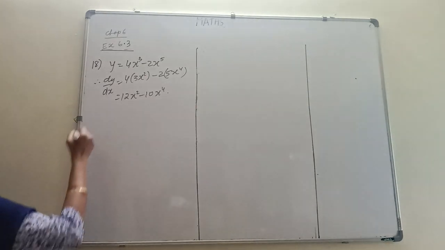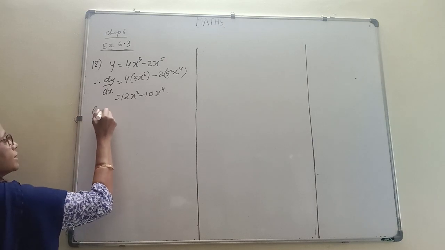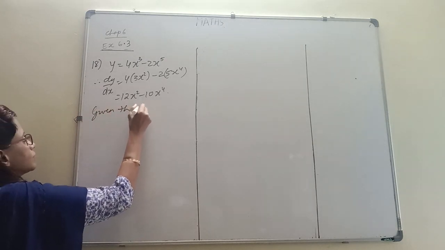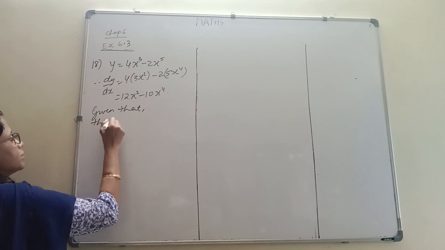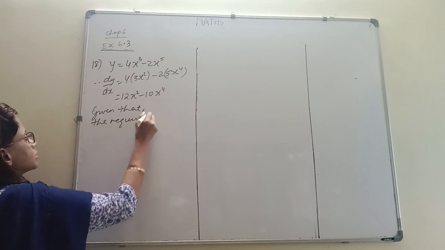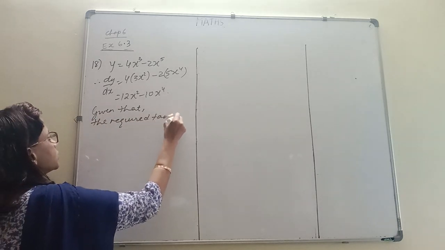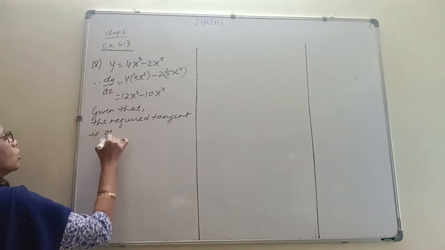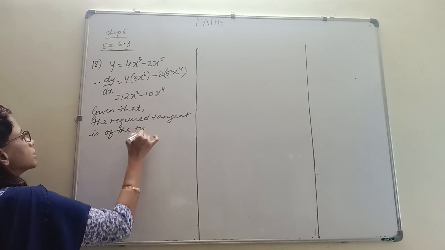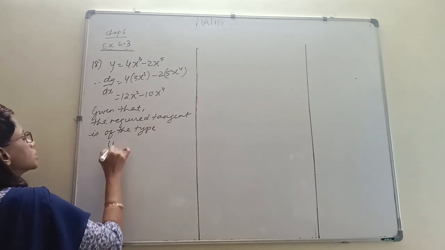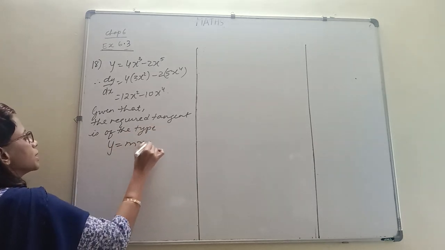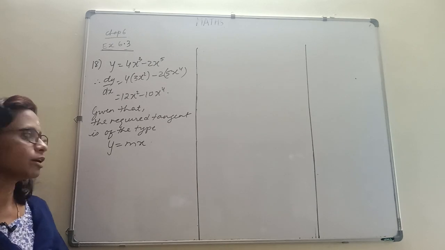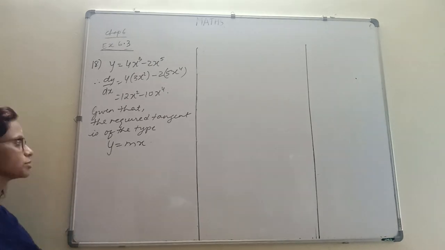Okay, so let's write. Given that the required tangent is passing through the origin, it is of the type y equal to mx, since it's passing through the origin. You can write that also.